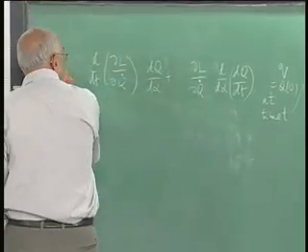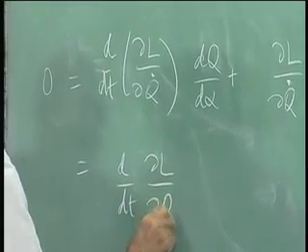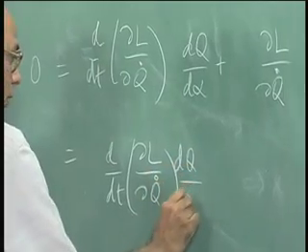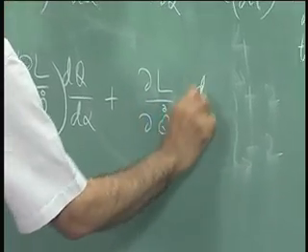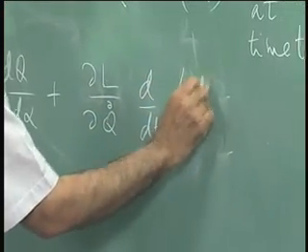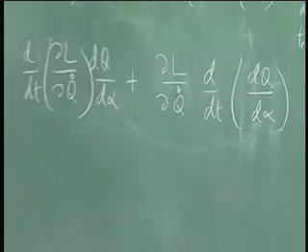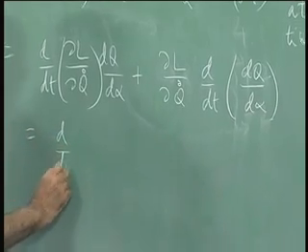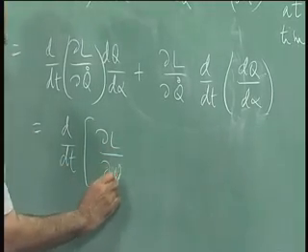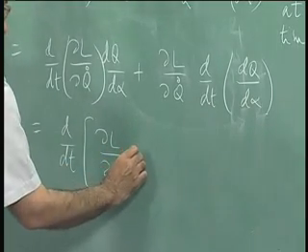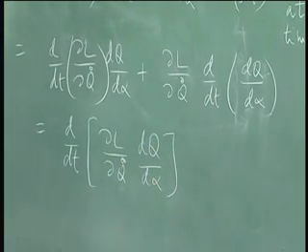Therefore you can write 0 equal to this equal to d over dt of delta L over delta Q dot dq over d alpha plus delta L over delta Q dot d over dt of dq over d alpha, which of course immediately is d over dt of delta L over delta Q dot dq over d alpha, and that is 0.